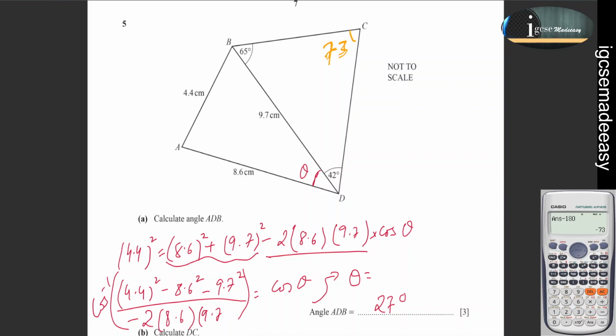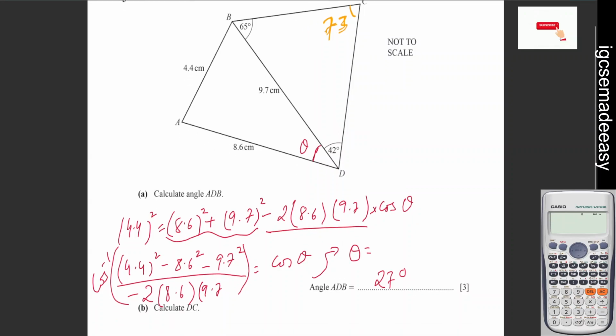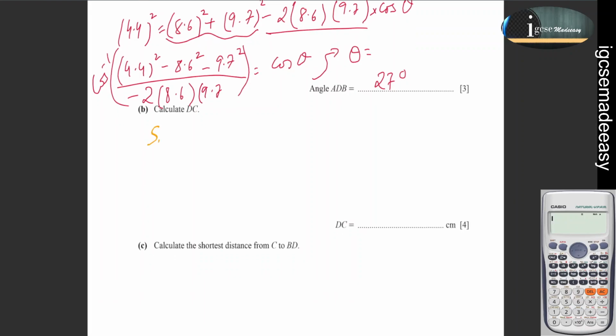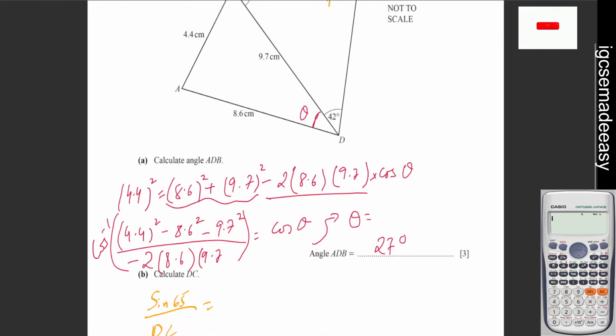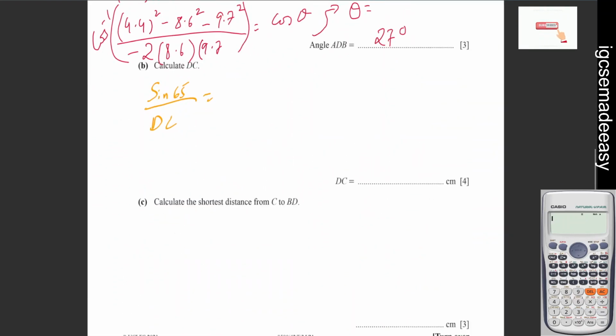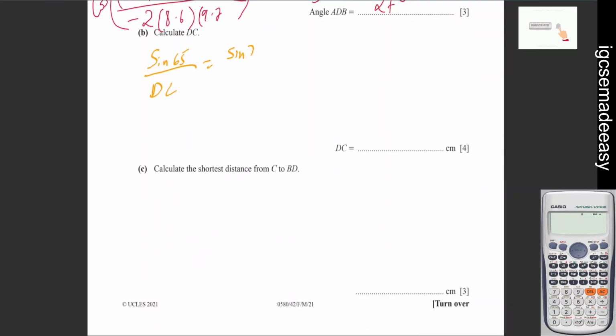So if this is 73 degrees, we can use the sine rule, right? The sine rule says that sine of 65 divided by DC will be equal to sine 73 by 9.7.